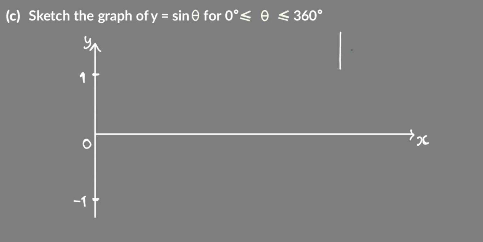Okay, now here we've got 0. This 0 here indicates a 0 value on our x-axis and a 0 value on our y-axis. On our x-axis, we're going to have angles. So from this 0 here, we're going to have a 90, and this will be 90 degrees. After the 90, we're going to have 180.